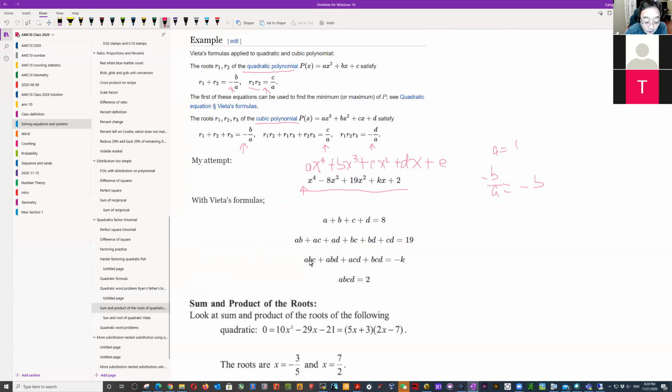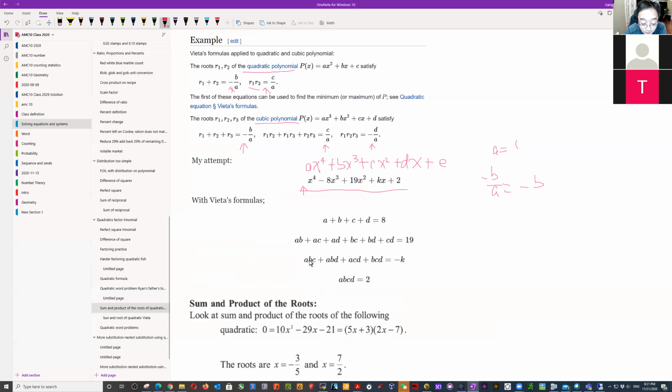Then a, b, c, d are its roots, so there are 4 roots. The summation of the products of any two roots, adding all of them together and including every possibility, is equal to the positive of the third position coefficient.